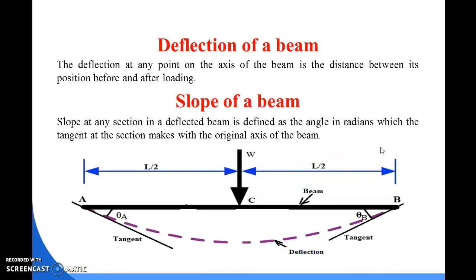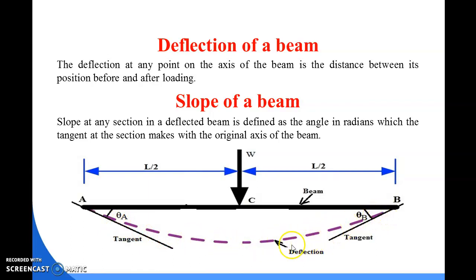So first of all, deflection of a beam. Deflection means whenever a beam is subjected to a loading system, then due to this loading system, the beam is deformed and deflects to a curvature-like section.